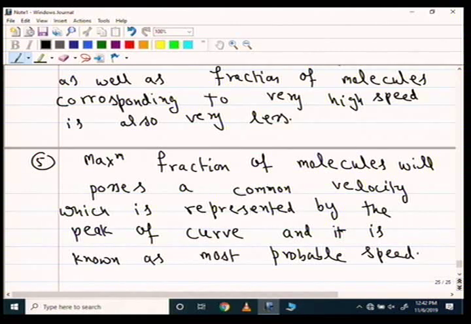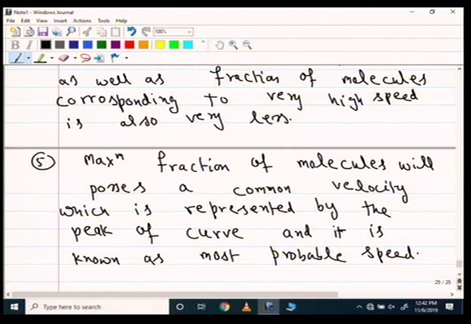Okay. Guys, these are the points. First of all, let's understand the meaning of these points. See, we have studied about the three kinds of speed: most probable, root mean square, and the average speed. Maxwell was the scientist who actually explained these types of speed with the help of a graph.